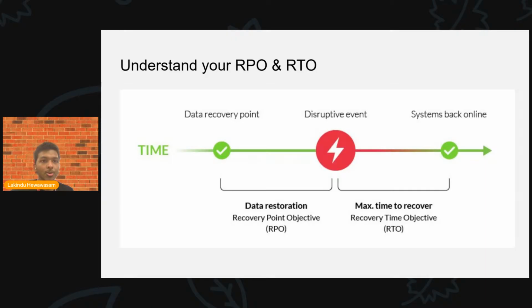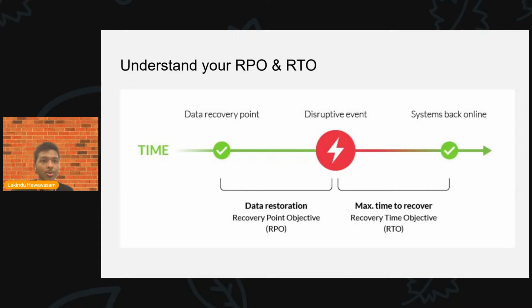For those of you who do not know, RPO is your recovery point objective, and RTO is your recovery time objective. In the event of failure, your recovery point objective is how far back in time you can accept data to be available.